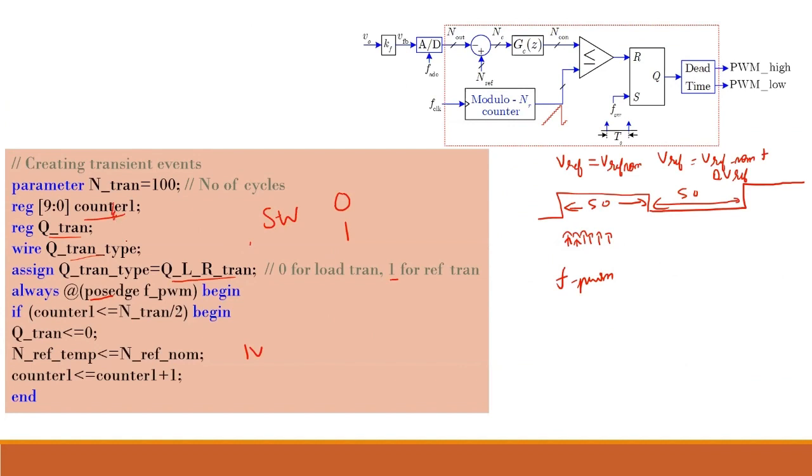Can you see this? Yes. So here, this is the Qtran type. It will be 0 if it's a load transient, it will be 1 for reference transient.